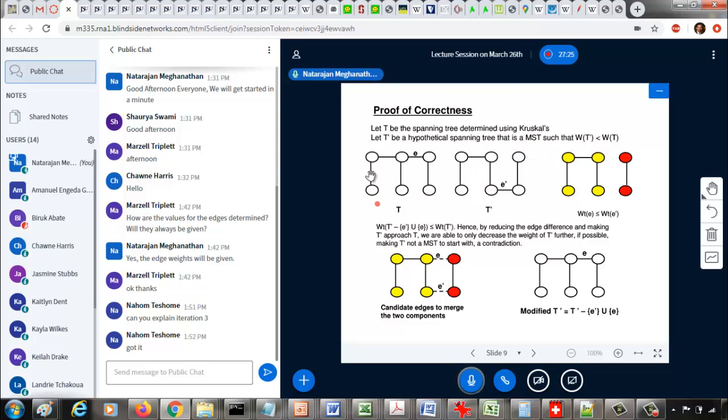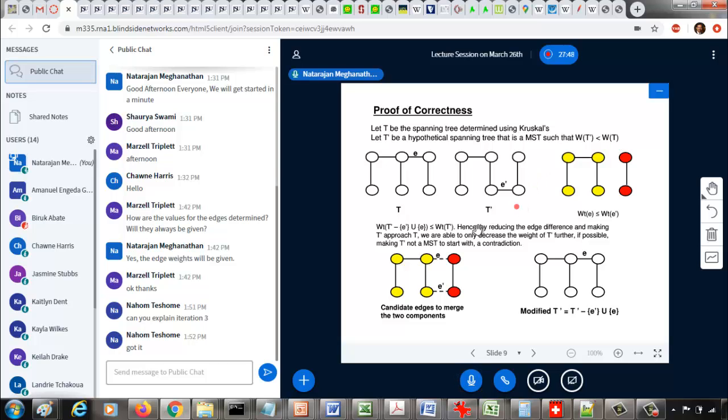In our case, the tree T found by Kruskal's algorithm has weight W of T, and the tree T prime found by the hypothetical algorithm has weight W of T prime. So we start by assuming that the weight of T prime is less than the weight of T.